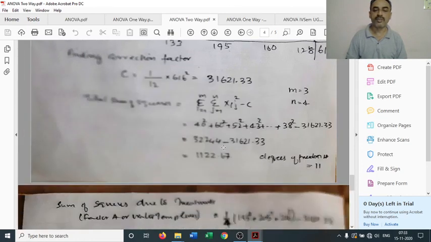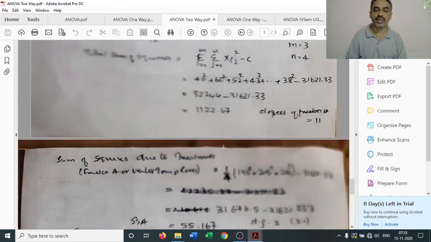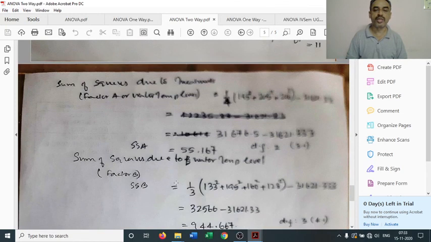Now finding the total sum of squares, the same as the steps we have done earlier. Entire observations, individual squares, total minus correction factor, it is 1122.67. And next is the sum of squares due to treatments, where the treatment is taken as factor A, the level of water temperature.